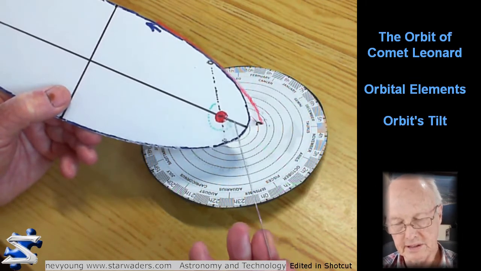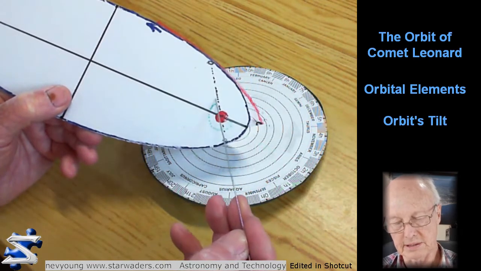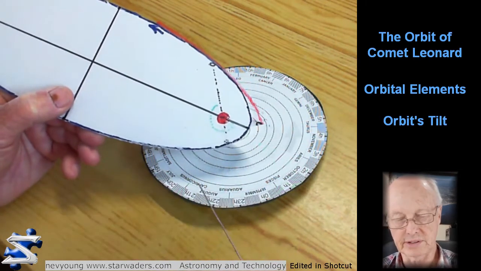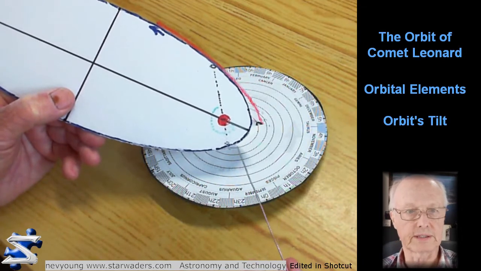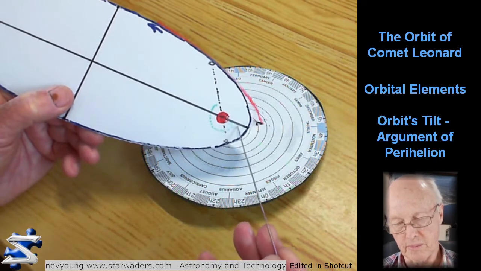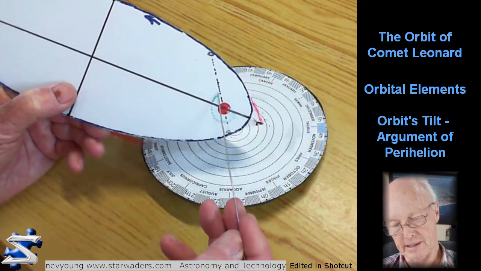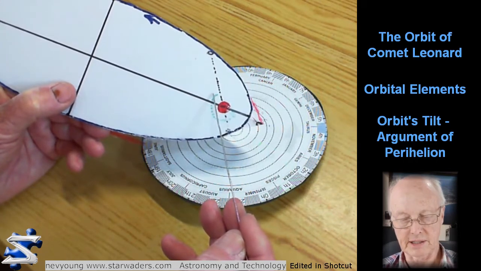So it can be seen in this particular example over here, where you've got 180 degrees there and plus about another 45 over there, and that gives us 225 degrees. And that is what is called the argument of perihelion. I don't know what is so much to be contested about to make it an argument, but I guess that's a mathematical term.